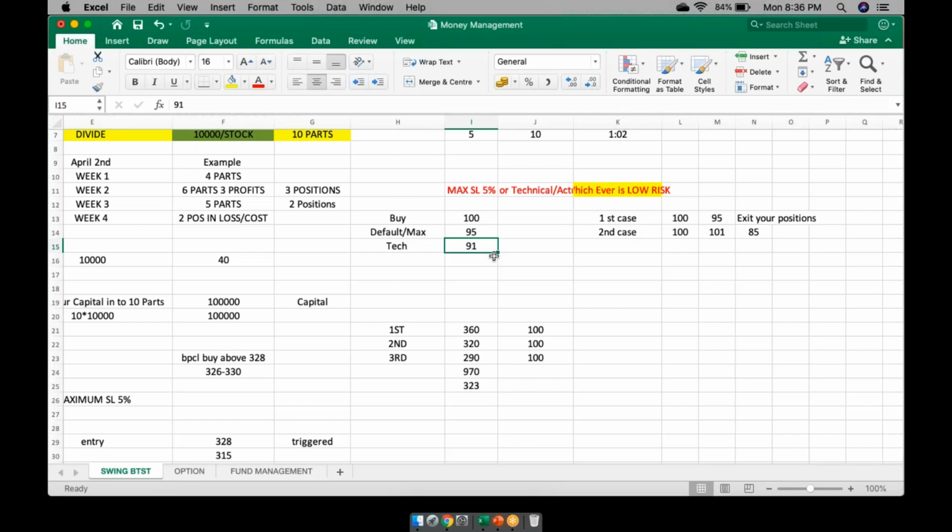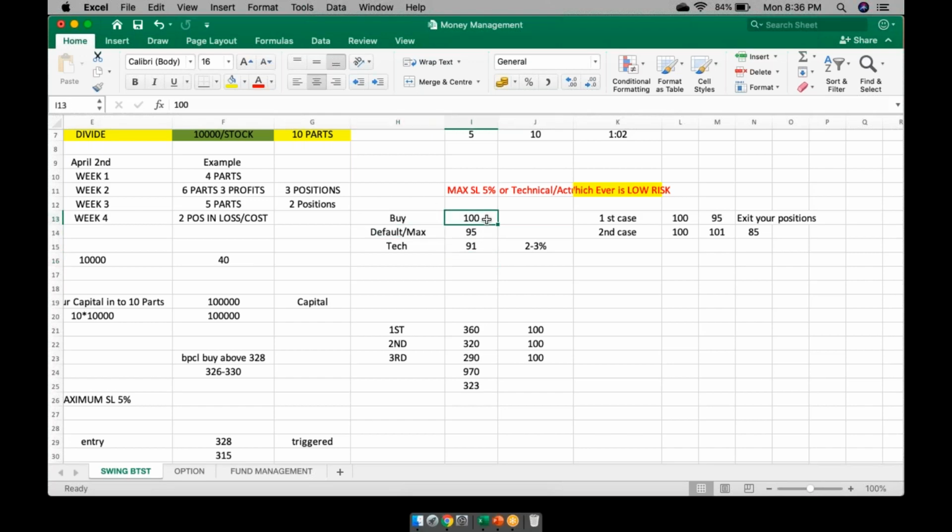So usually your technical stop loss should be in between 2 to 3%. In the worst case, if you are very much convinced with the trade setup, okay. But if this is the case, no trade.